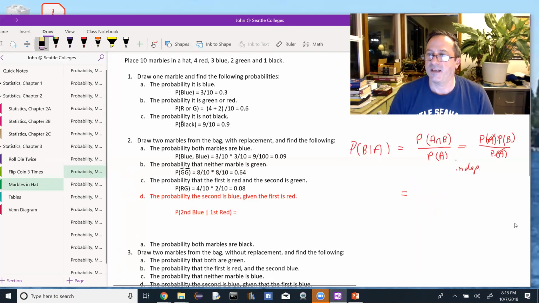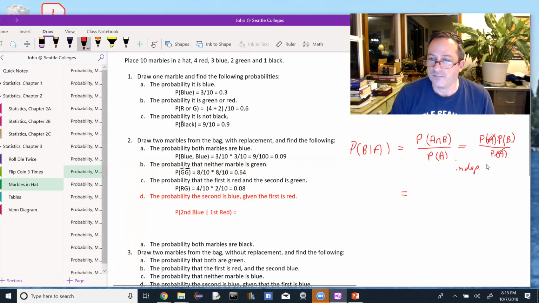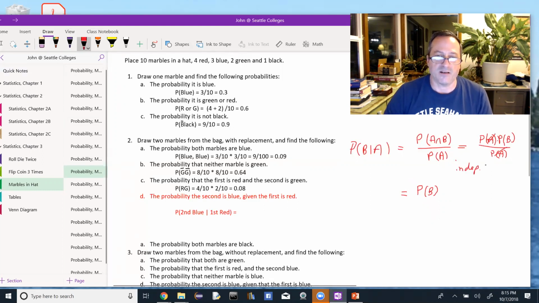Okay, because of the independence, this intersection's probability is the probability of A times the probability of B. Probabilities of A cancel out, and then we're just left with the probability of B. And that's, remember, what it means when you have independence. Probability B given A has to equal the probability of B. So we're done over here. I made this harder than I needed to.